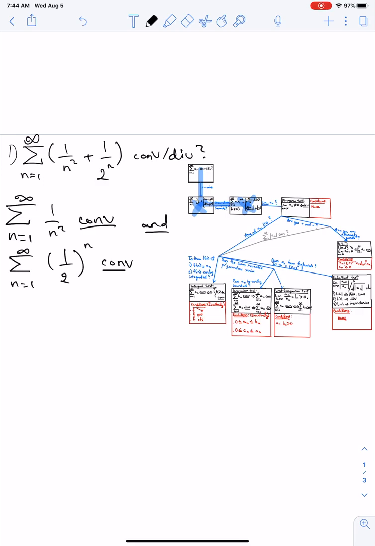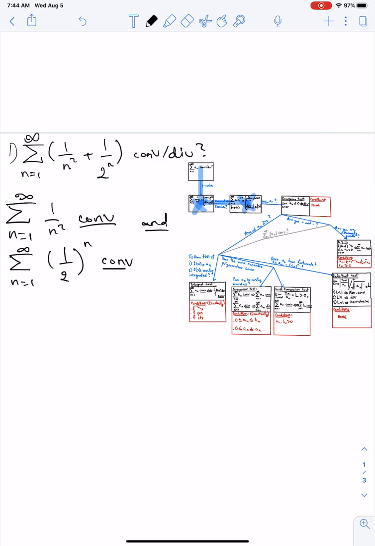So we have the sum of two convergent series, so the sum of them will be convergent as well. So this implies that the original series has got to be convergent. All right, so we stop there. We don't need to go further.